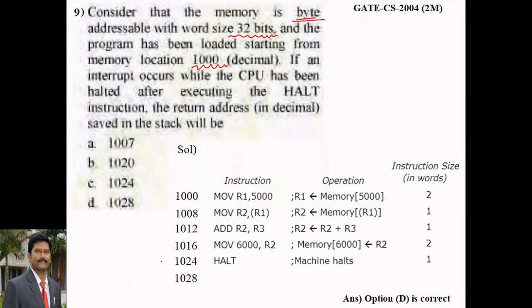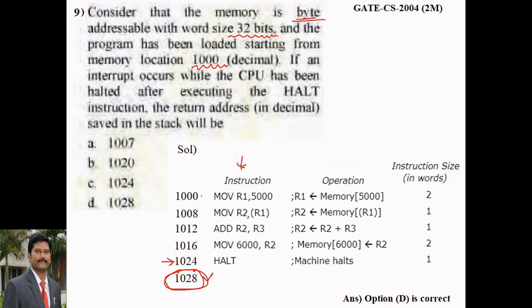He asked that at this halt an interrupt occurs. After the execution of halt, it goes to the interrupt service routine by saving the next address. This is the return address. So what is this value?